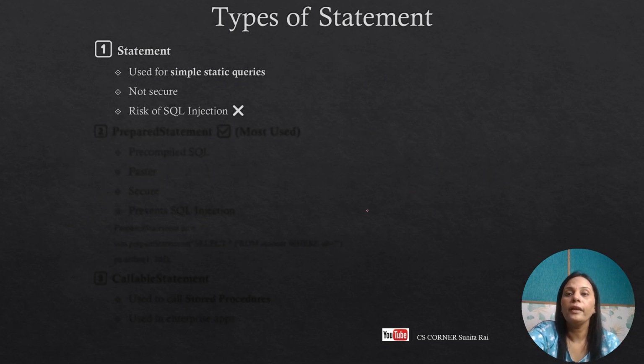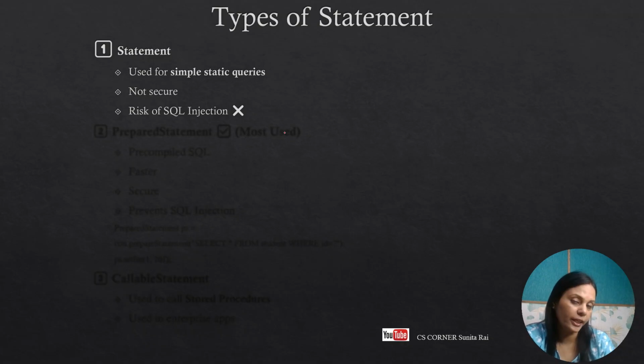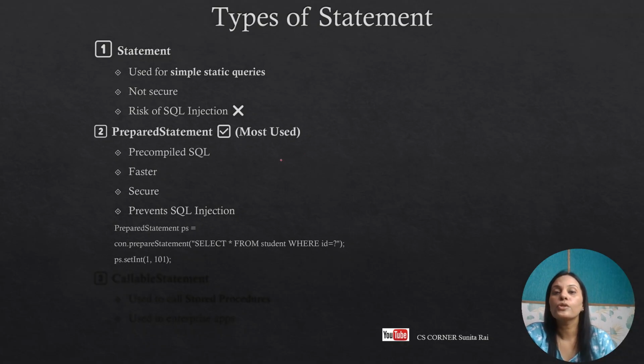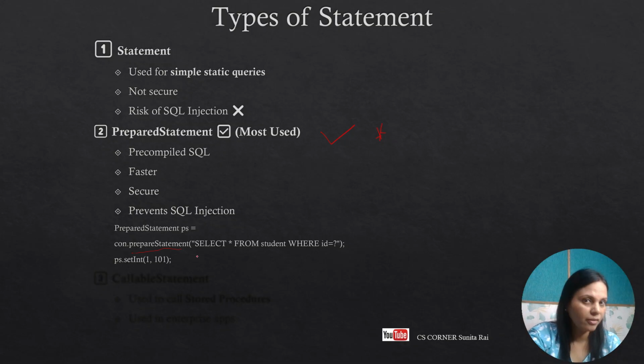Generally we don't use Statement, rather we use PreparedStatement, and it is mostly used. So what happens in PreparedStatement? Rather than having a static query, we use parameter placeholders, and the value of the parameter placeholder can come at runtime. Here, if you see, I have created an object of PreparedStatement again with the help of Connection, because PreparedStatement is again an interface.